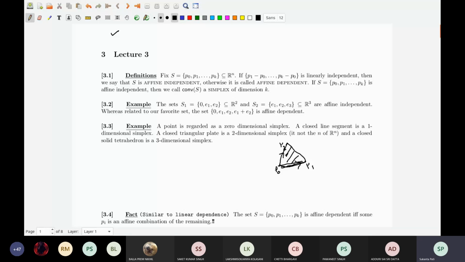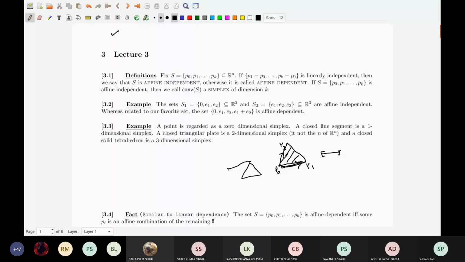A simplex of dimension 2 basically means a triangle, a closed triangular plate. Similarly, a simplex of dimension 1 would be just a closed interval, and a simplex of dimension 3 would be something like a tetrahedron. And you will have another one joined to all of them. Those are tetrahedrons.